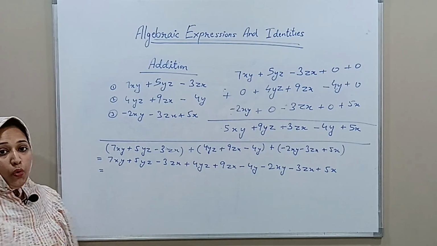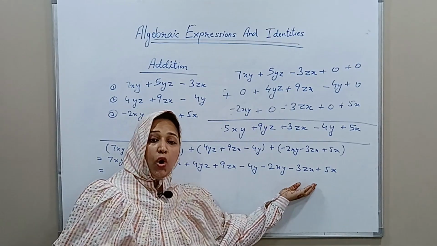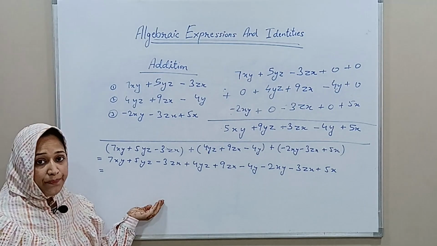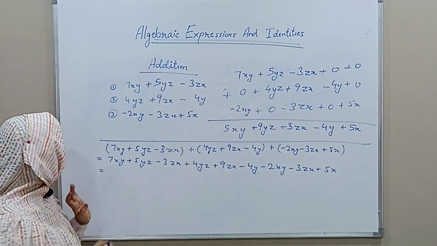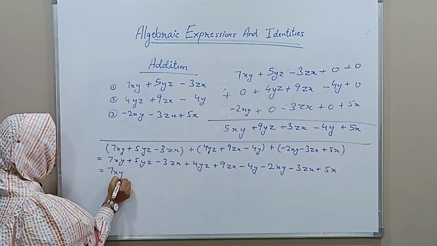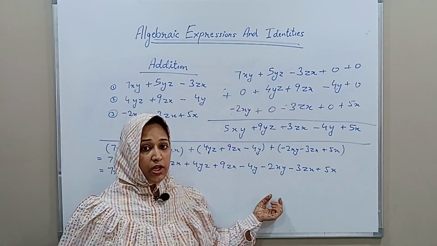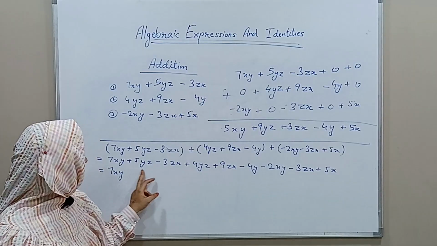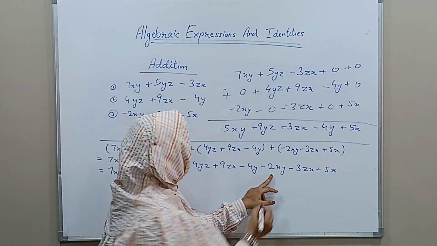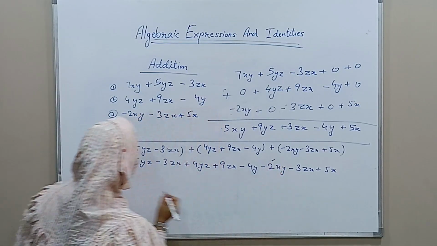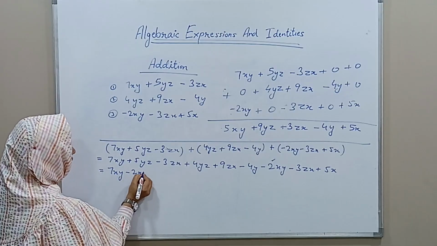Now what we will do, we will bring all the like terms together. So if we start with 7xy, search in the entire list where is another term with the same variable xy. So we have minus 2xy. So we will write minus 2xy here.